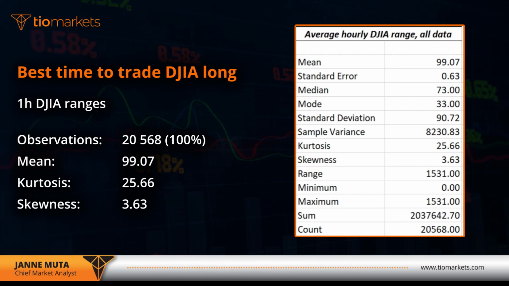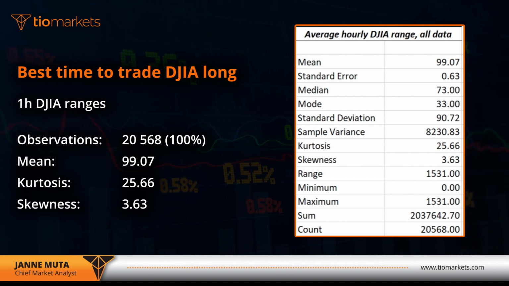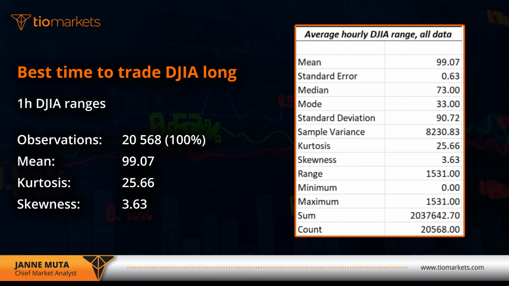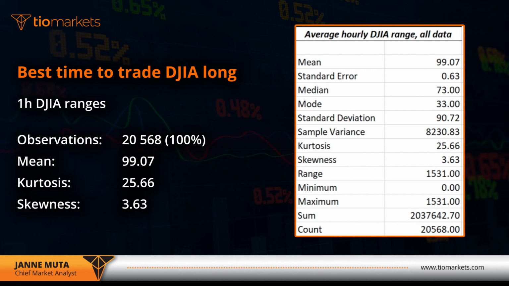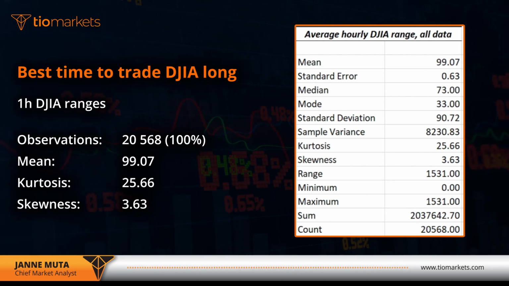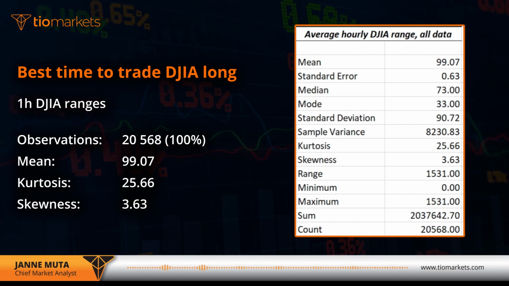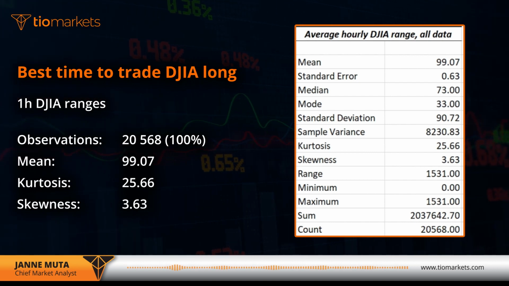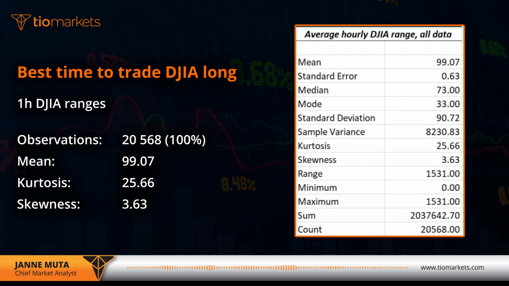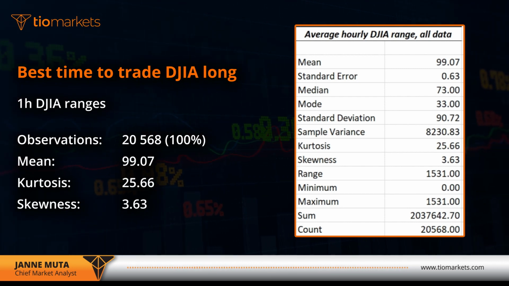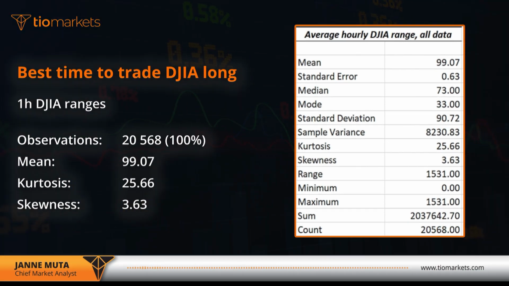So immediately we can see that this data is highly skewed. There will be lots of small values on the left of the distribution and some bigger values to the right. We are interested in those bigger values because we want to catch the big moves, and this video is about finding the times when the market might move big. So let's plow on, and we can learn so much about this data just looking at the descriptive statistics.